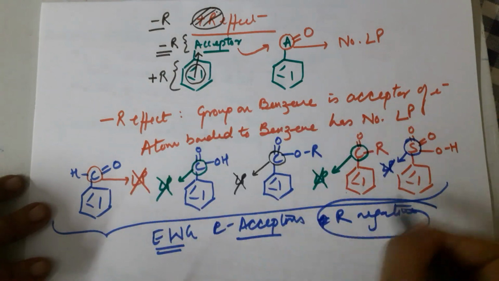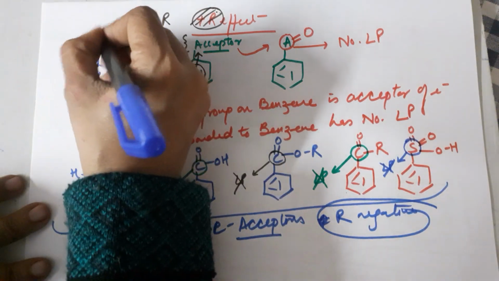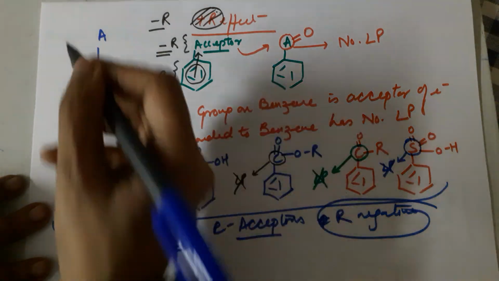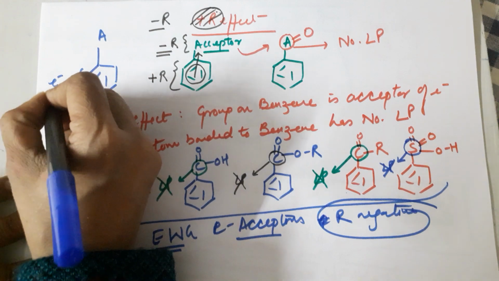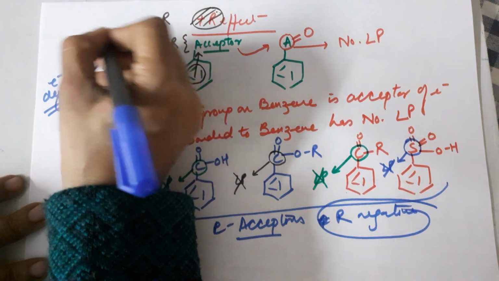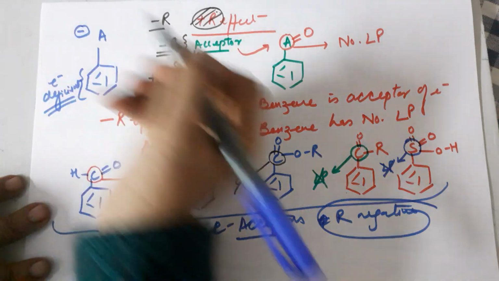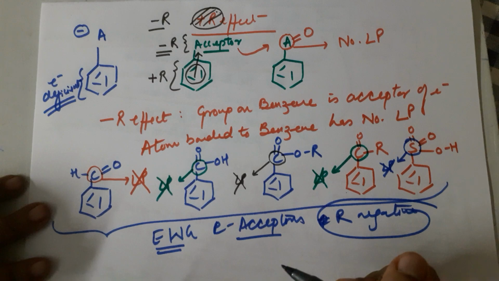Which means if these groups are attached onto benzene, that is these are all acceptor groups, then benzene becomes electron deficient and A pulls the electrons towards itself, so this gets a negative charge. This would be illustrated as I do other examples. Fine.